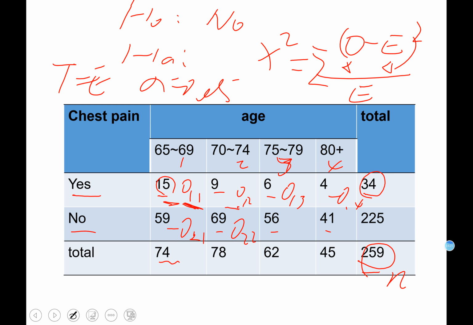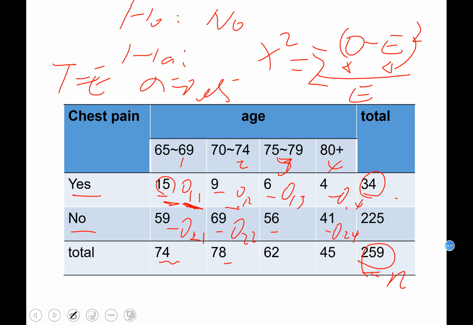And E12 equals 34 times 78 divided by 259. So we need to calculate each E for each cell from O11 to O24.